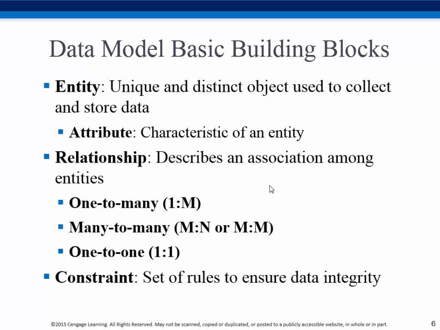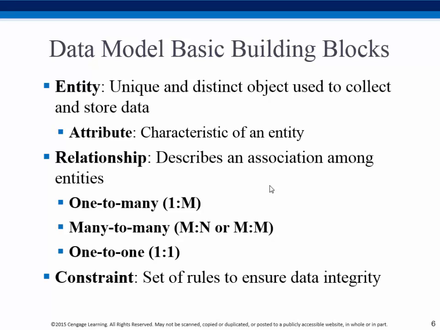An attribute is a characteristic of the entity, such as, the example it gives in your book, a customer entity would be described by attributes such as first name, last name, phone number, address. Attributes are the equivalent of fields in a file system.